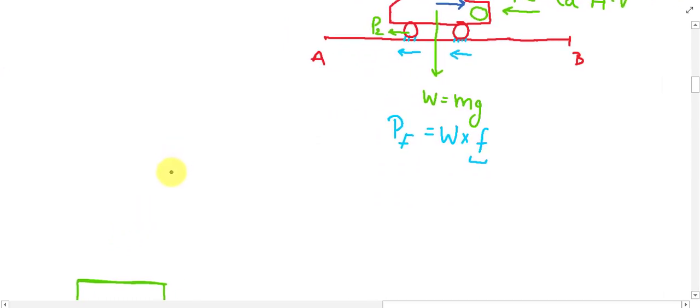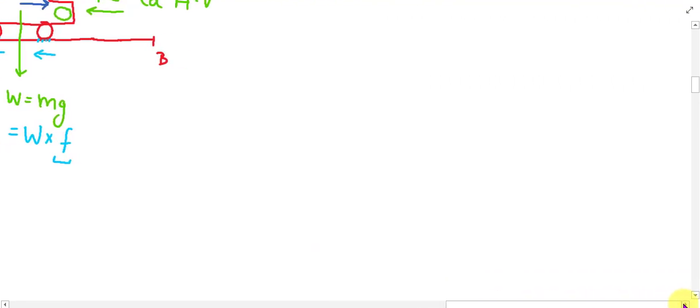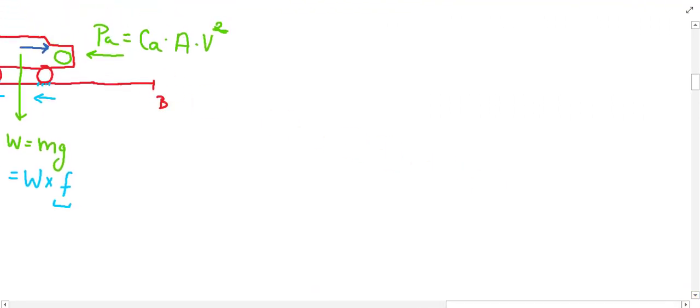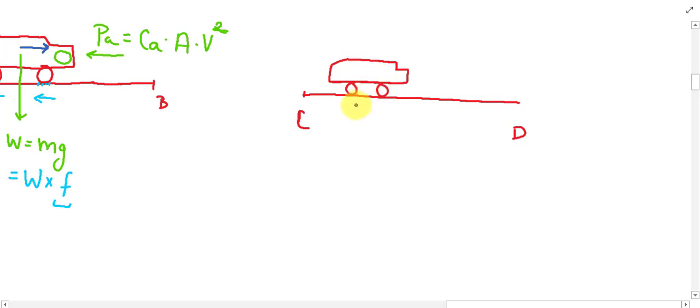For this purpose we draw another diagram. Suppose this is point C and D, and this is your vehicle. At this section, the velocity of the vehicle is 10 meter per second.